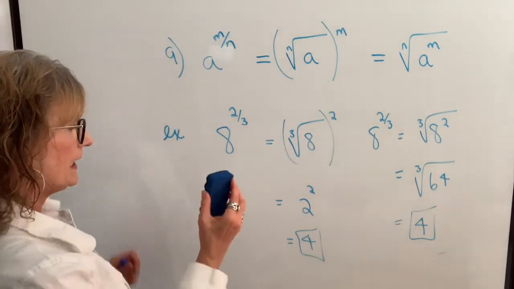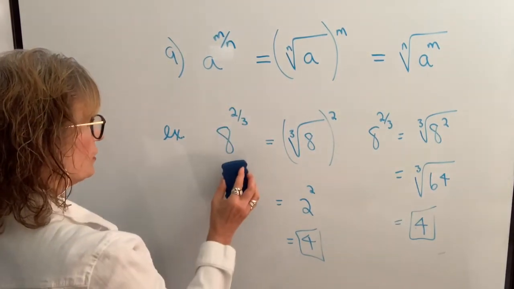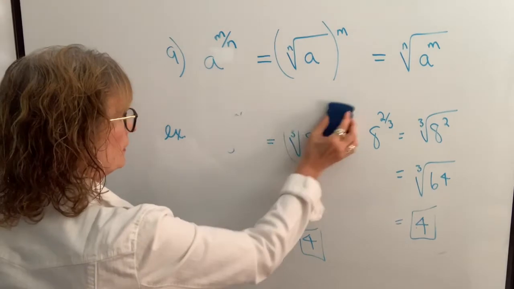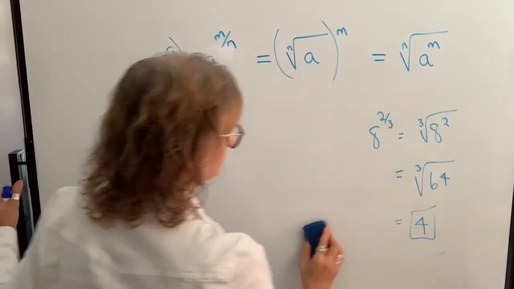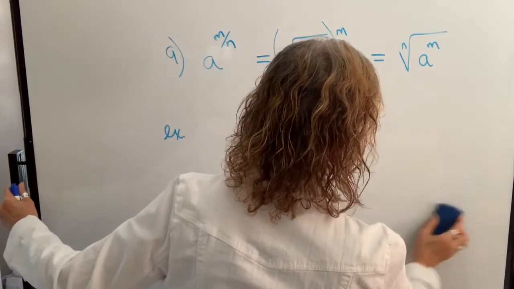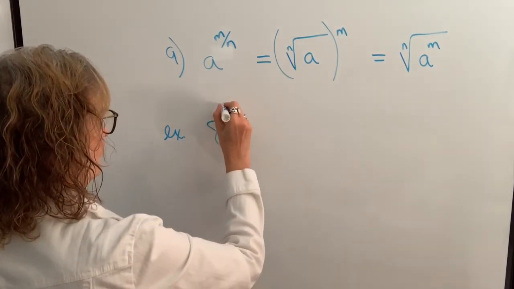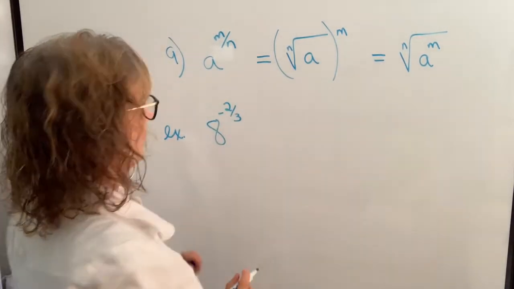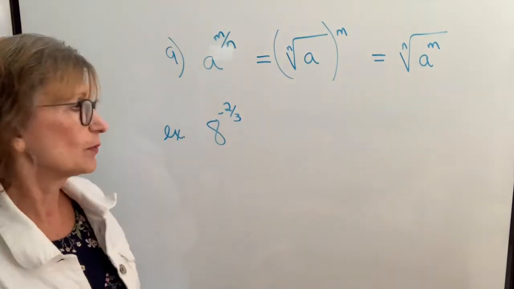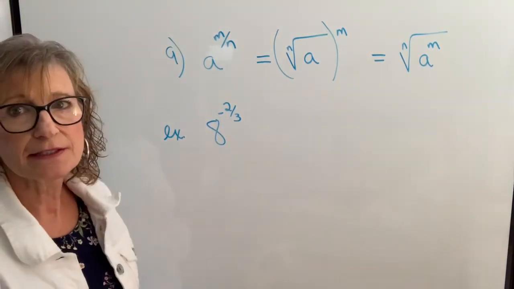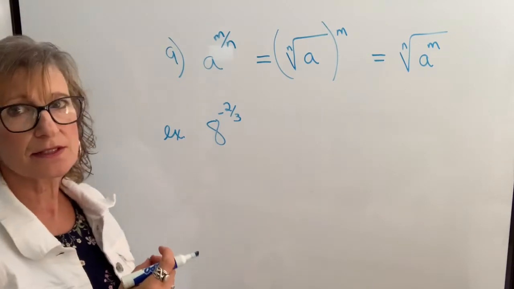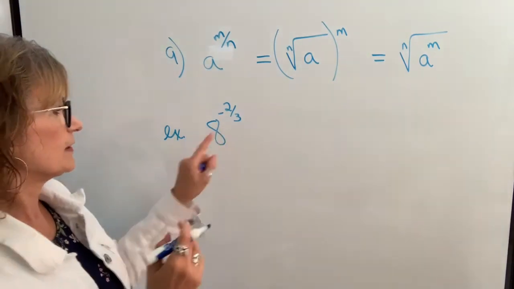If we had a negative exponent here, let's do this whole thing with a negative exponent. Let's say you have a negative exponent and we want to evaluate this. What we're going to do first is get rid of that negative exponent by taking the reciprocal.